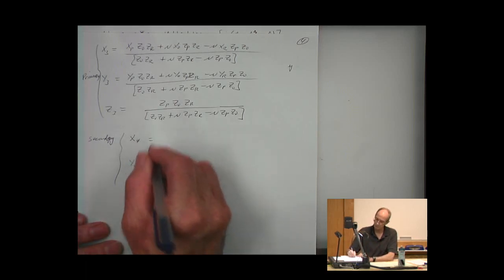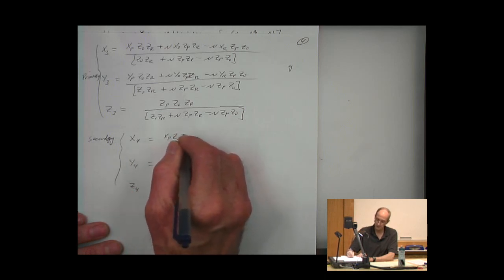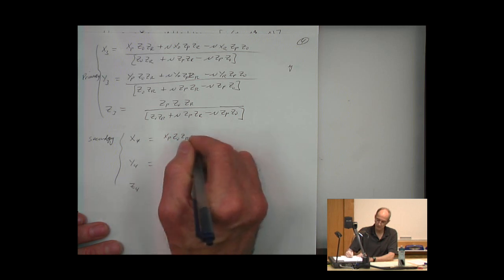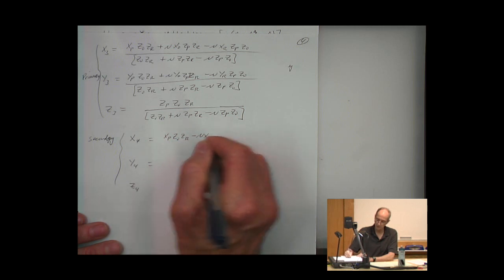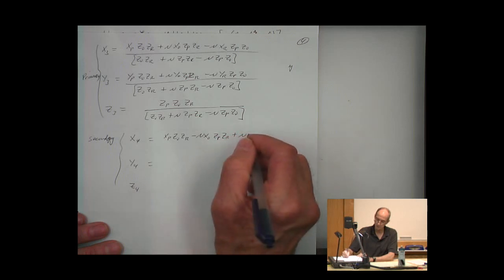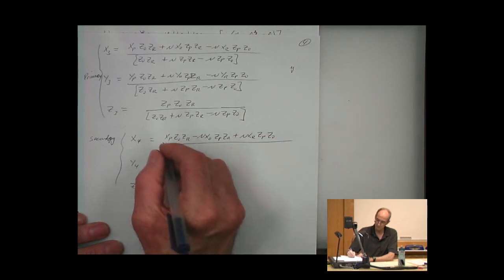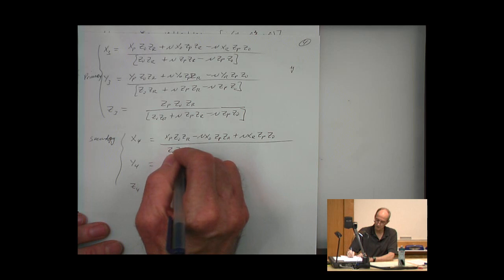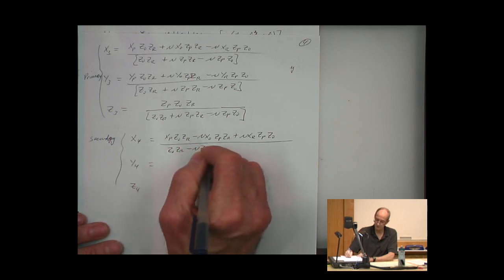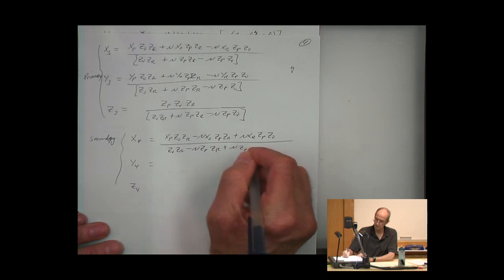I'll just write out the x4 here. So here we have xp zo zr, minus mu xo zp zr, plus mu xr zp zo, divided by zo zr, minus mu zp zr, plus mu zp zo.